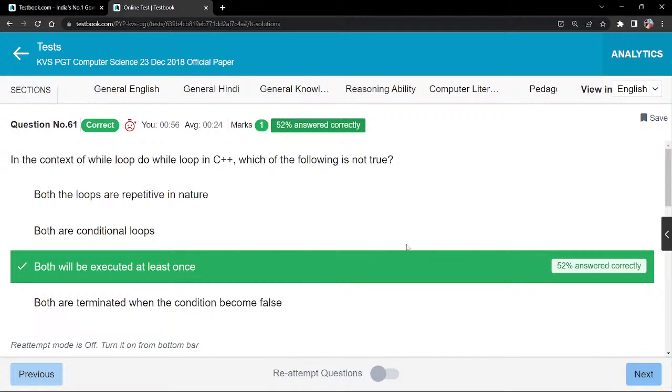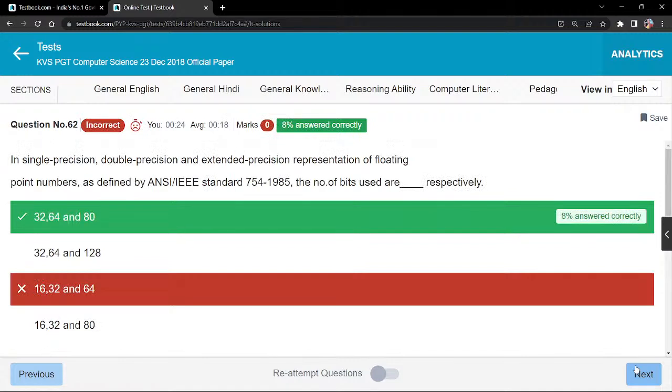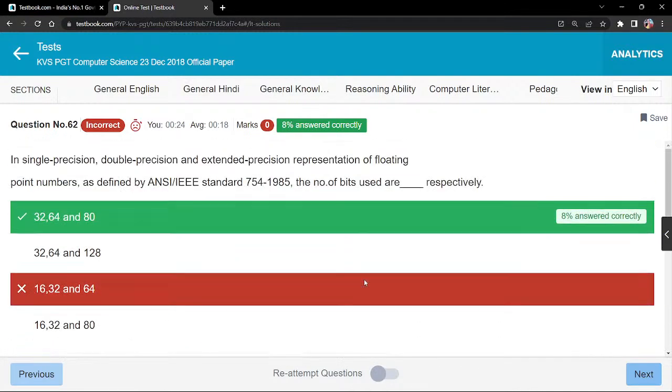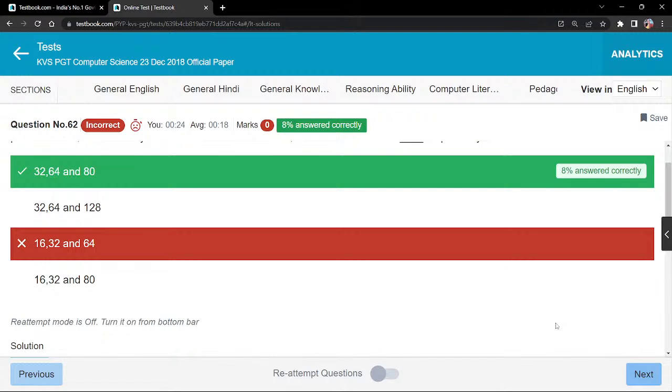So in the context of C++, both will execute at least once. 32, 64, and 80.